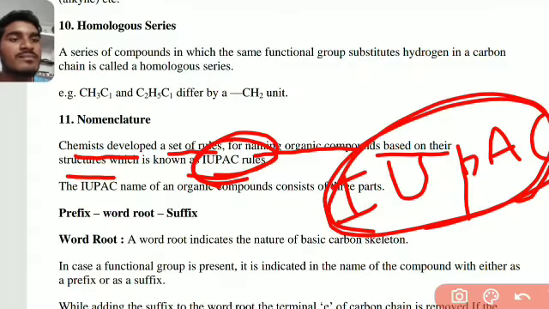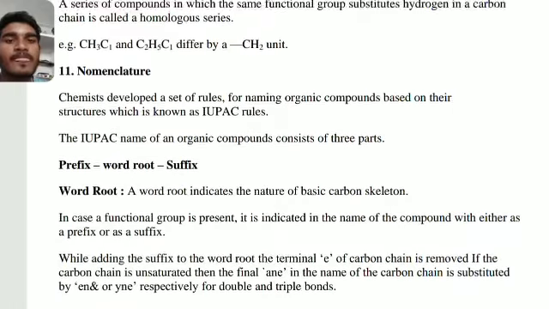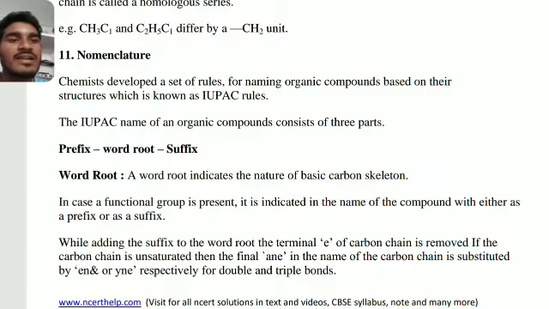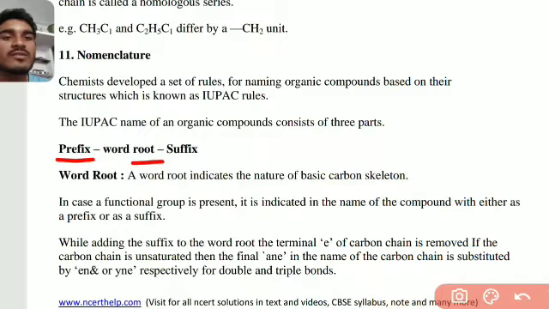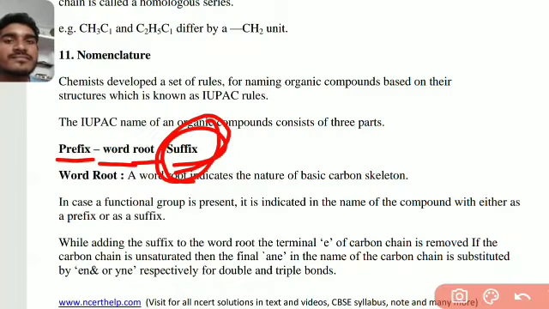An IUPAC name of organic compounds consists of 3 parts: prefix, word root, and suffix. Suffix we use after the name of the compound, and prefix before, and word root means the number of carbons present in the molecule.